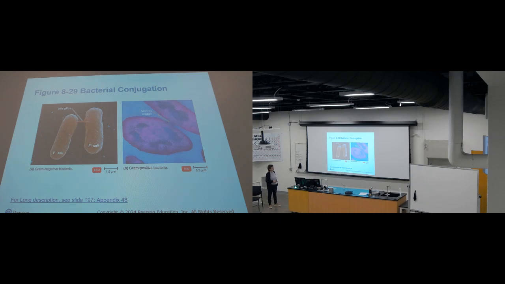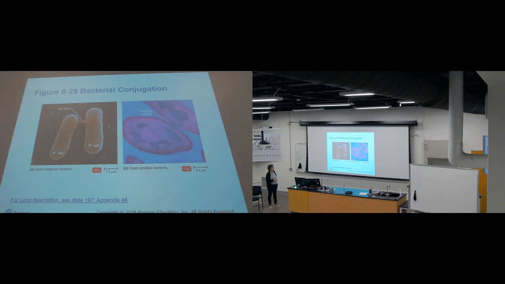So this is a transmission electron micrograph for gram-positive bacteria, and a scanning electron micrograph showing you the process of bacterial conjugation. This is the F plus cell, this is the F minus cell, and this is the sex pilus.